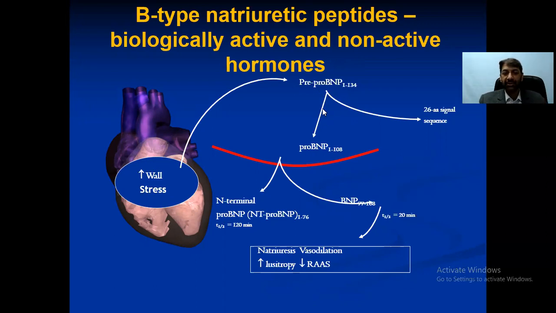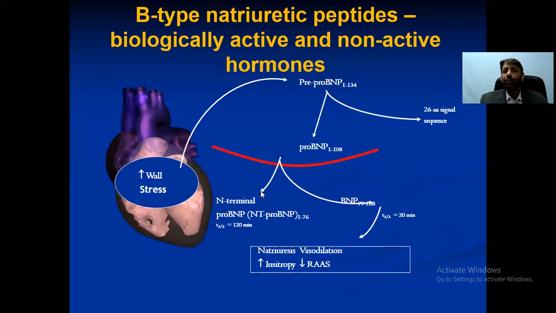It first forms into proBNP, and still it's in the myocardium. Now remember, this stretch is causing the formation of this proBNP, and when this proBNP is released from the myocardium, you see that it breaks down into two parts, which is NT-ProBNP and BNP.